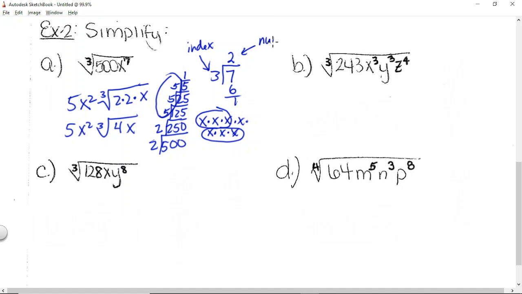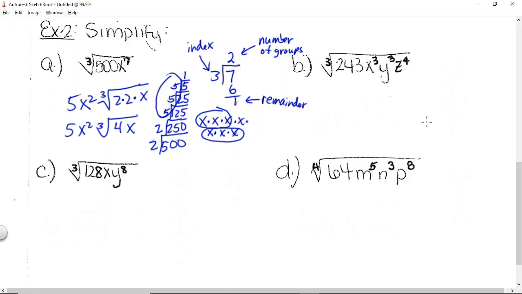This is the number of groups. And then the remainder is, we'll just call it remainder. And remember that that's how many of those x's is left inside the radical. Okay, let's look at the next one.